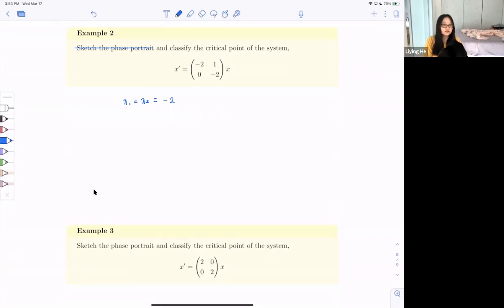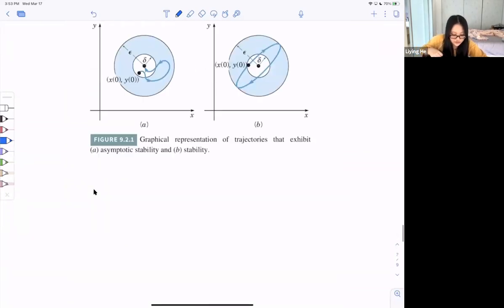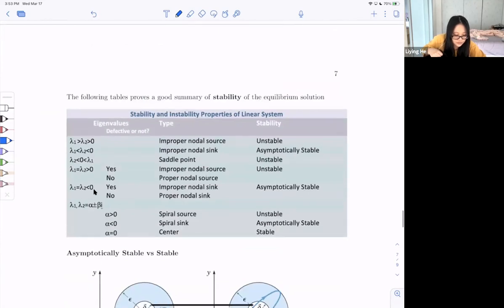Okay, so let's go back to the chart. -2 means they are both negative, so that's going to be this one. I can't draw, so someone draw it for me. It's going to be this one.